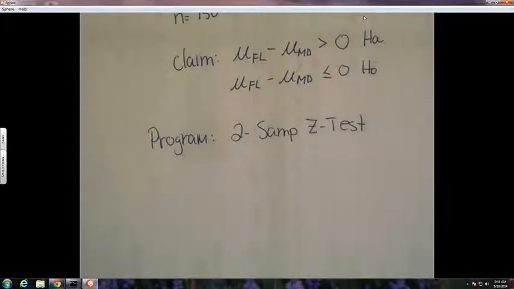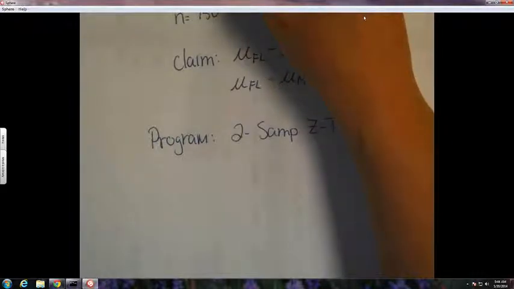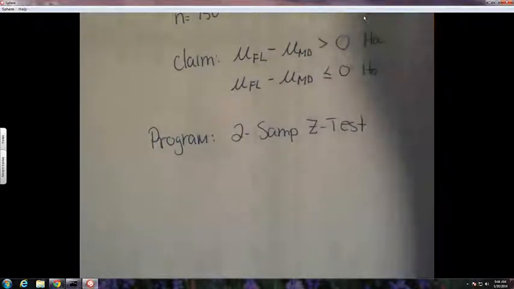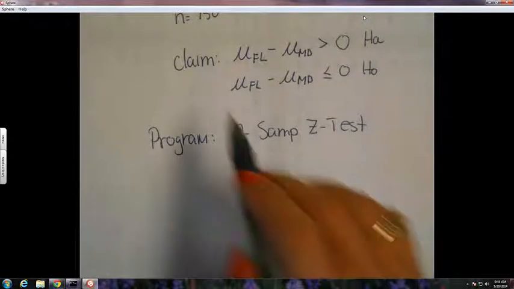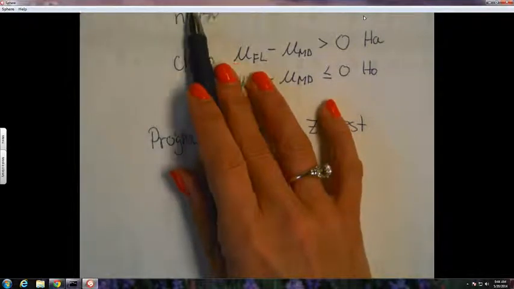Sigma 1. What do you think we're talking about here? Standard deviation. What am I calling 1 according to my claim? Florida is going to be my 1 because that's what I wrote first here. So these are going to be my sub 1 numbers. These are going to be my sub 2 numbers. Sigma means standard deviation. It means population, but the best we can do is use the sample.